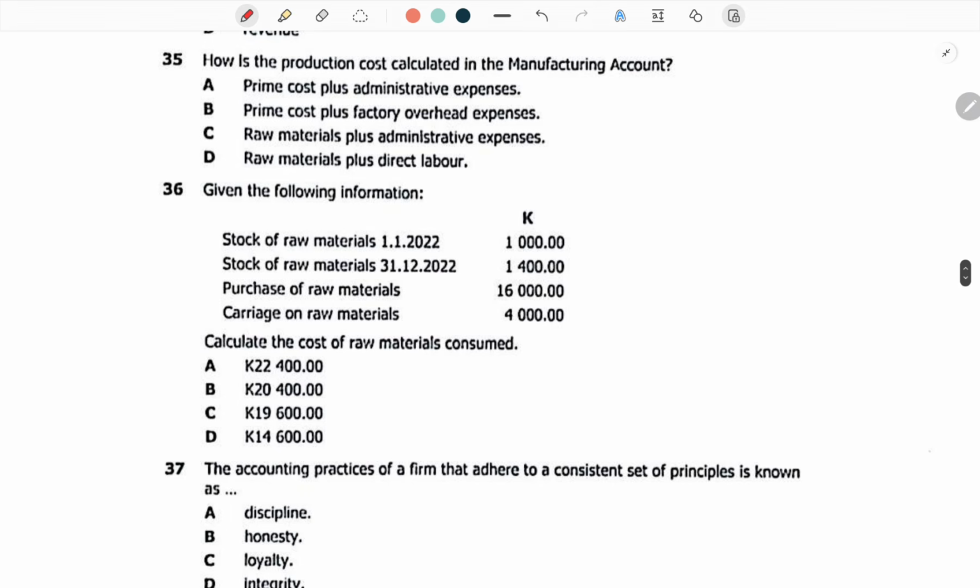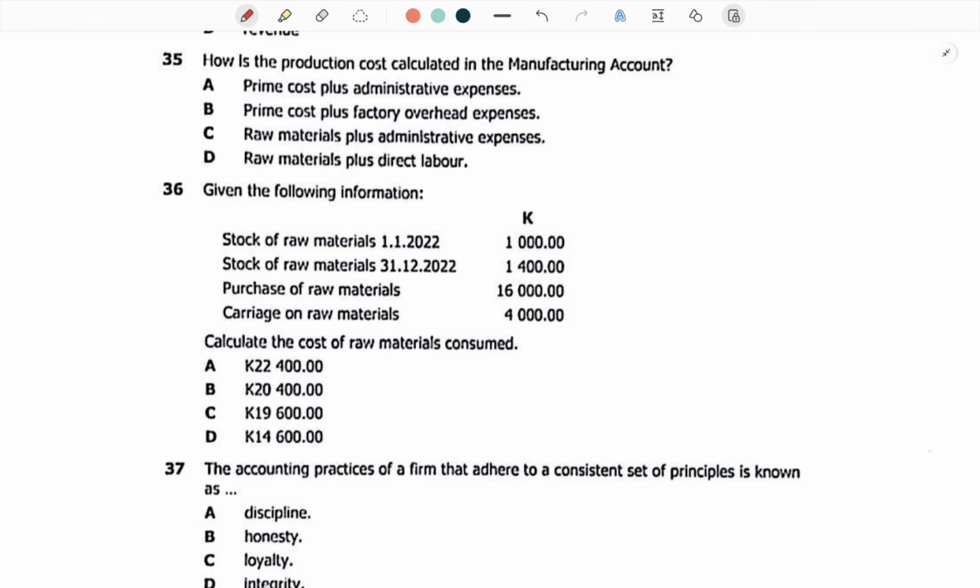How is the production cost calculated in the manufacturing account? It is simply your prime cost plus your factory overhead expenses.